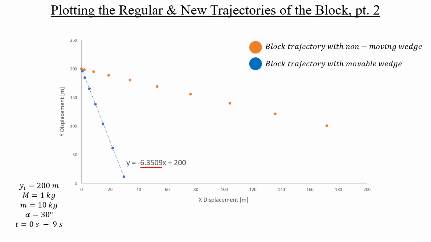It's negative because of our adjustments of the y position equation or displacement equation for Excel, which means that in our coordinate setup with plus y acting down the ramp, we should be getting a positive 6.3509 when we feed the same values for the angle and the masses of the wedge and the block into our slope equation. Let's give it a shot.